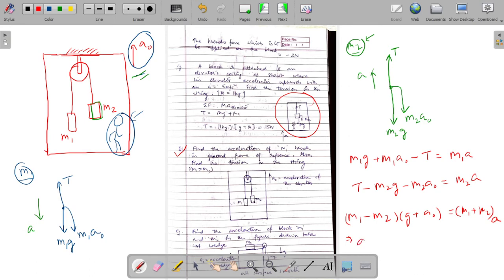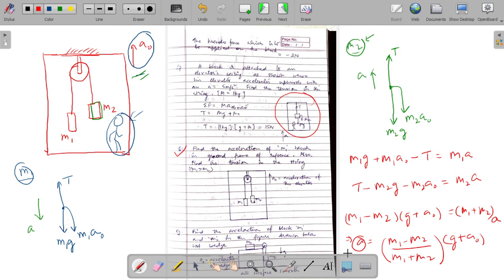So this would give us the acceleration a equal to m1 minus m2 divided by m1 plus m2, and you would be remembering this expression from the Atwood machine system, just the coefficient of this expression would change from g to g plus a naught. So this is the new acceleration of both the masses in the frame of reference of mass m1.